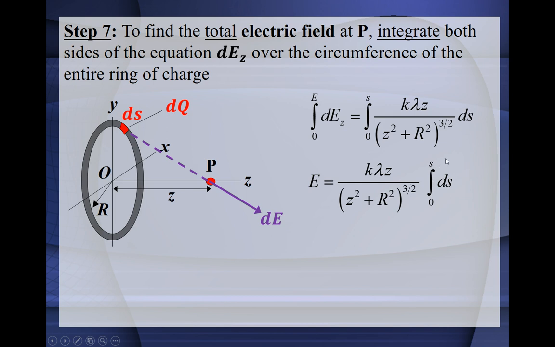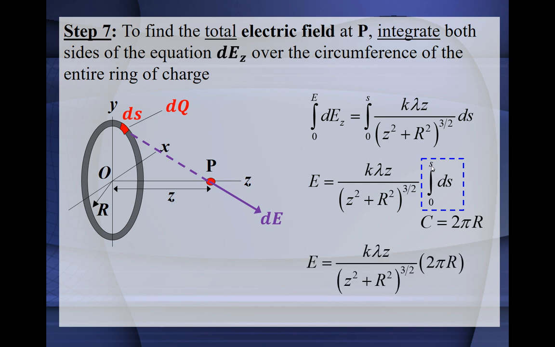Breaking the circumference into pieces and putting them back together gives just the circumference of the ring, which is 2 pi times its radius, capital R. Therefore, we have an electric field equal to K lambda z divided by z squared plus R squared, to the power of 3 over 2, multiplied by 2 pi R.